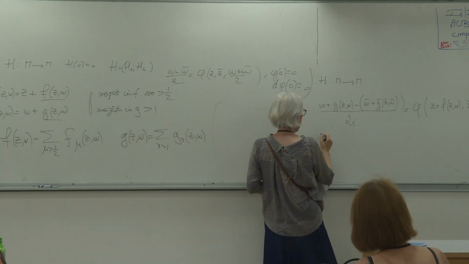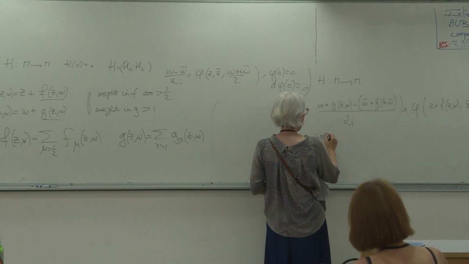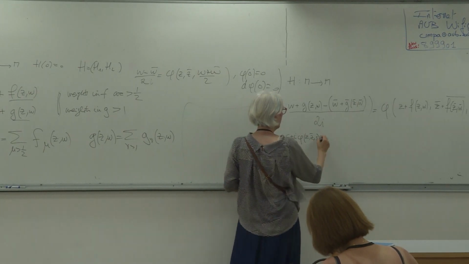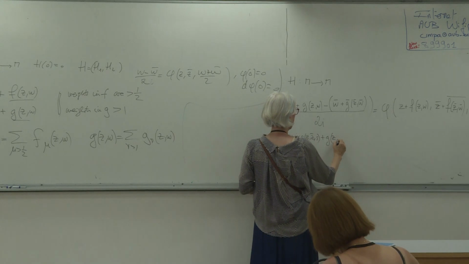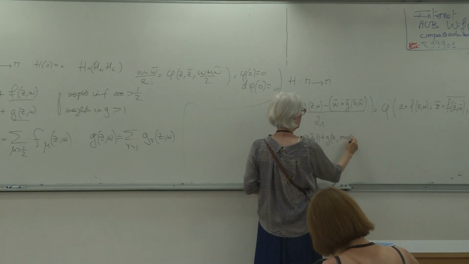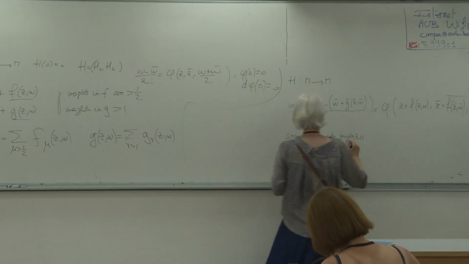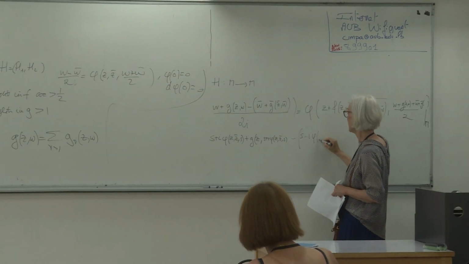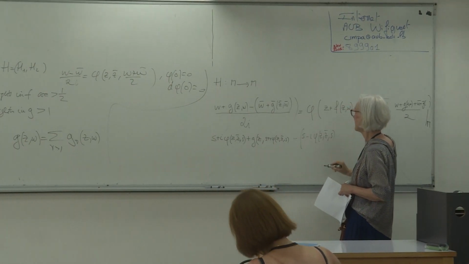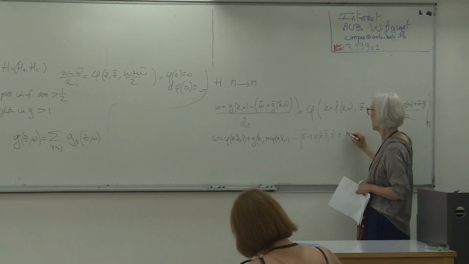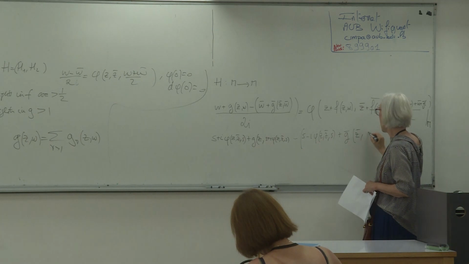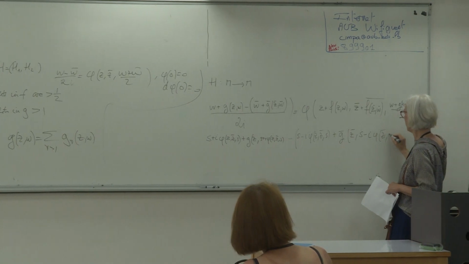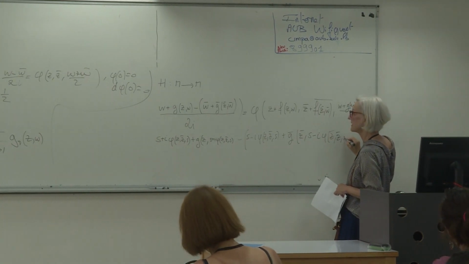So it's given by S plus I phi Z Z bar S, okay, plus G of Z, S plus I phi Z Z bar S, minus S minus I phi Z Z bar S plus G bar Z bar, S minus I phi Z Z bar S. Okay?